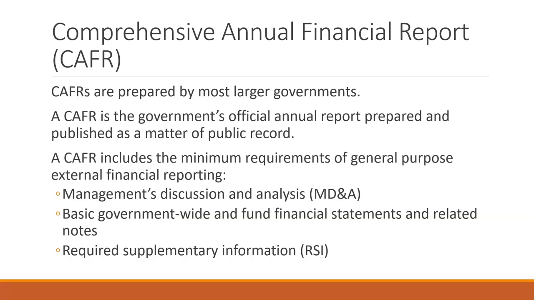Then we have fund financial statements for governmental funds, where we have one column of non-major funds and then extra columns for all of our major funds. We're going to report on our proprietary funds. And remember, the main difference of proprietary funds is that in addition to that statement of net position and statement of revenues, expenses, and changes, we're also going to include a statement of cash flows.